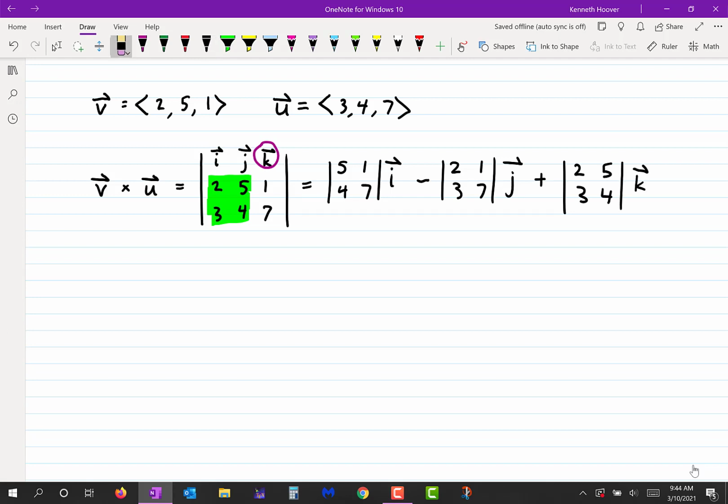So what's that going to give us? That's going to give us 5 times 7 minus 1 times 4, times the vector i, minus 2 times 7 minus 1 times 3.